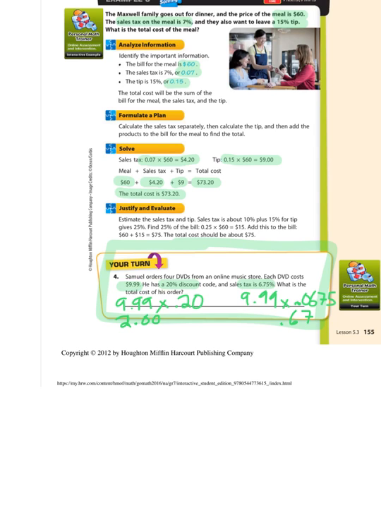Now, the discount is going to be subtracted from his total, and the sales tax is going to be added. So to find the total cost, we're going to do $9.99 minus $2 plus 67 cents. And our total cost is going to be $8.66.